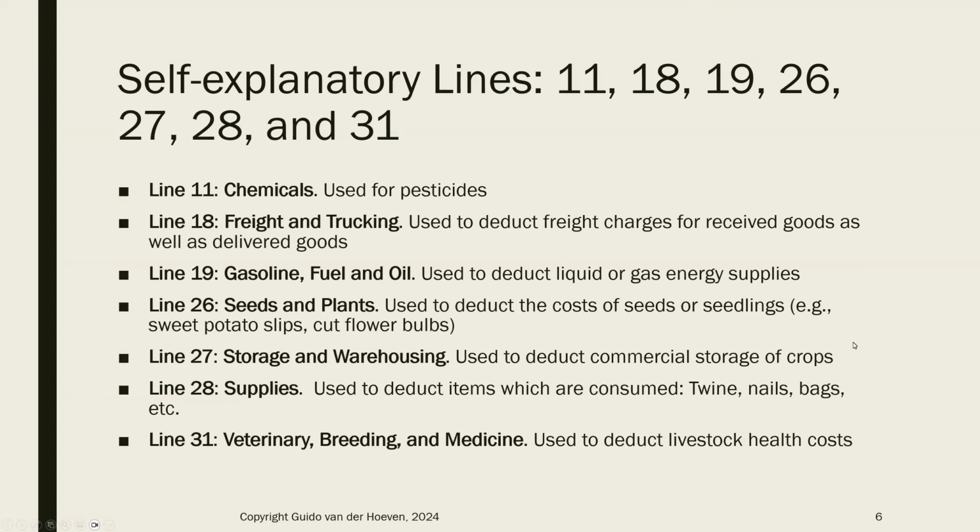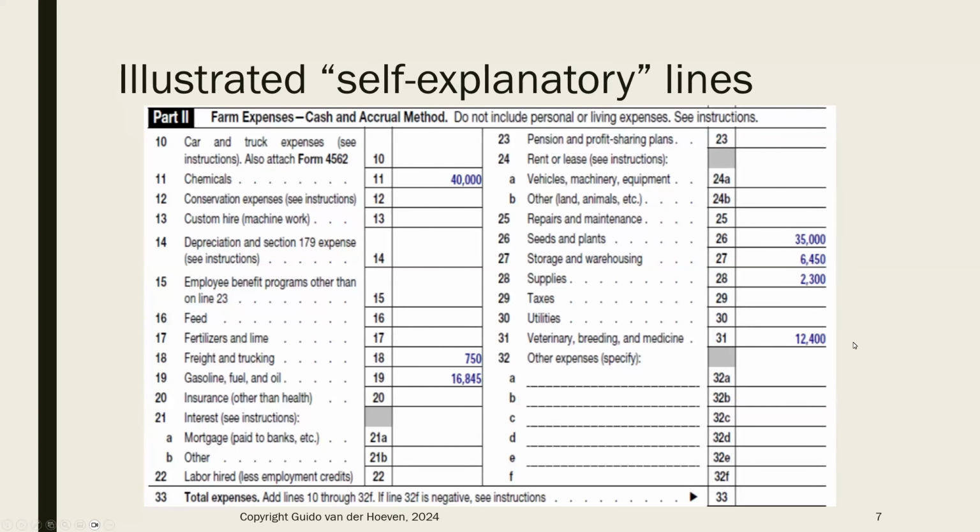That's really straightforward. And so here is just an illustration of how these self-explanatory lines might work as we go through. You can see there $40,000 for chemicals, so that's going to be for the pesticides, which could be insecticide, herbicide. There could be a rodenticide, whatever is being utilized. Freight and trucking.